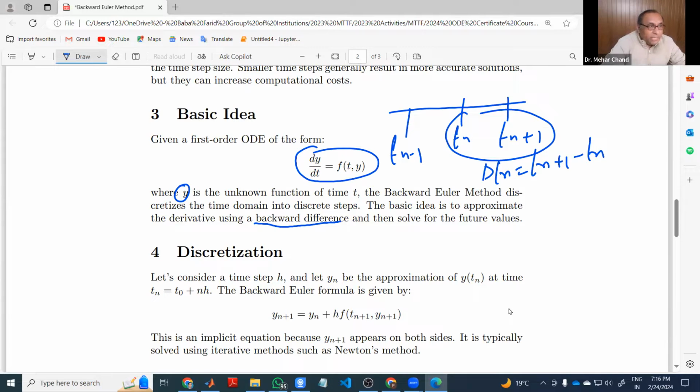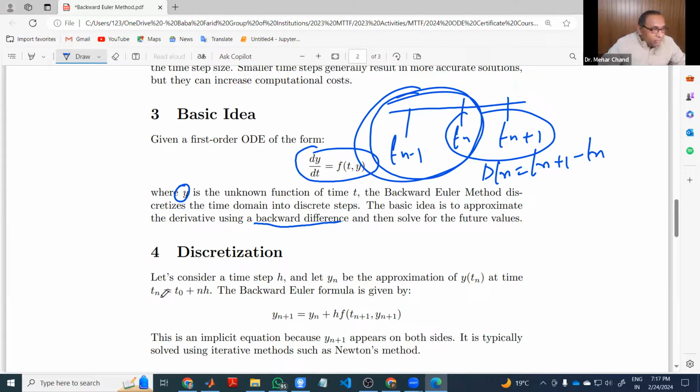But in the case of backward, we will take the difference tn minus tn minus 1. This is the main difference between these two. By using this difference, we have the backward difference.